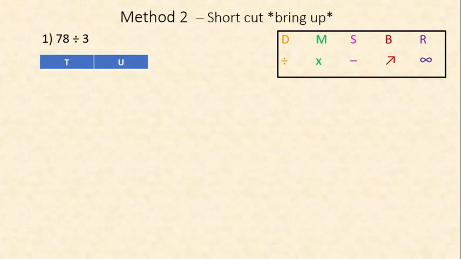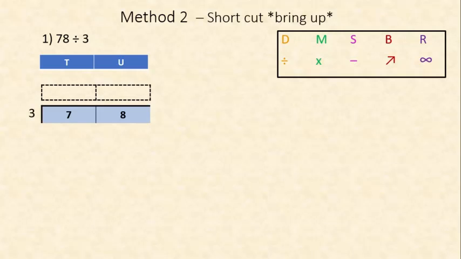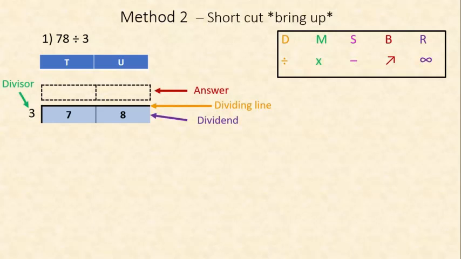We're going to still use our tens and units for this one. And our divisor goes on the left, which is 3. 78, our dividend, goes under the tens and the units. We still have our dividing line and our answer block.